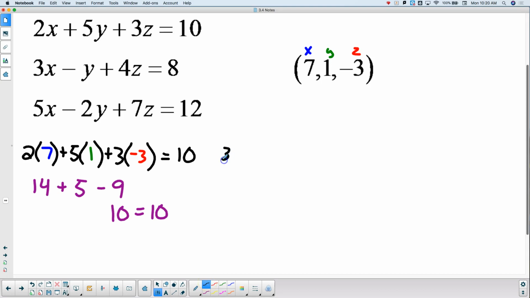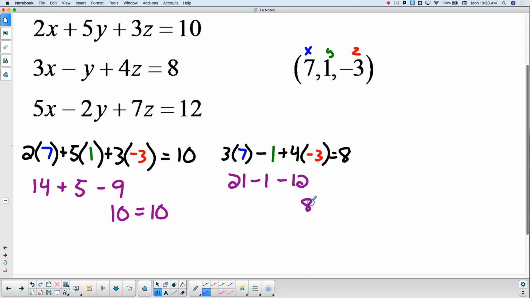So then we've got 3 times 7 minus 1 plus 4 times negative 3, and that's got to be 8. 21 minus 1 minus 12, that's 20 minus 12, that's 8 equals 8. So that one checked out, that one checked out.